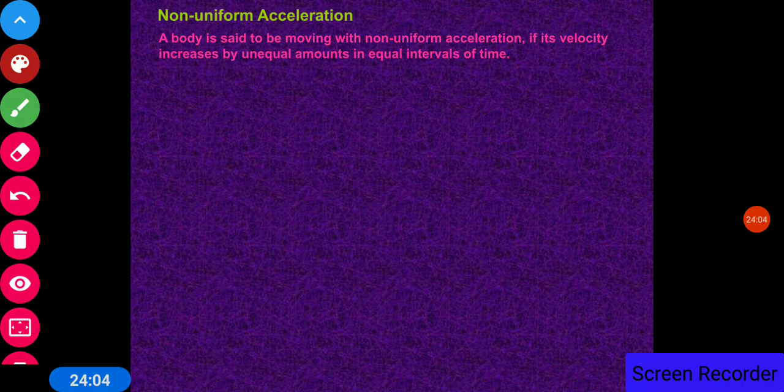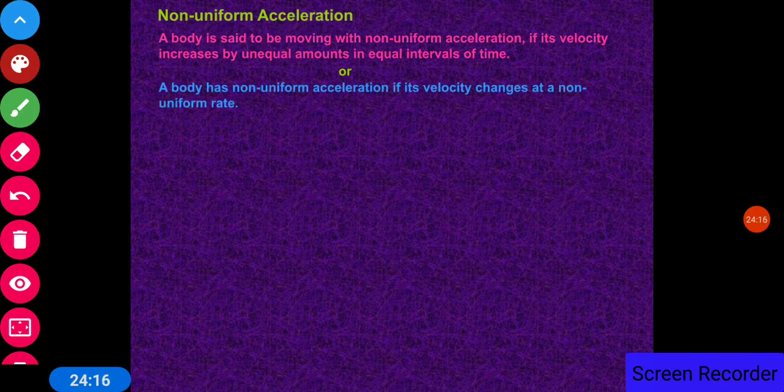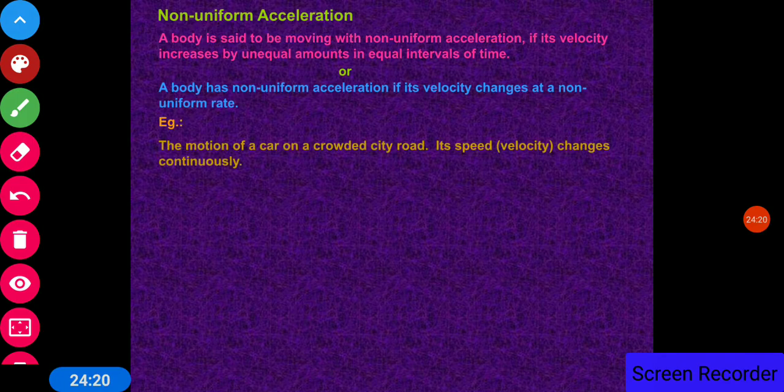Non-uniform accelerated motion. A body is said to be moving with non-uniform acceleration if its velocity increases by unequal amounts in equal intervals of time, or if its velocity changes at a non-uniform rate. For example, the motion of a car on a crowded city road, its speed or velocity changes continuously.